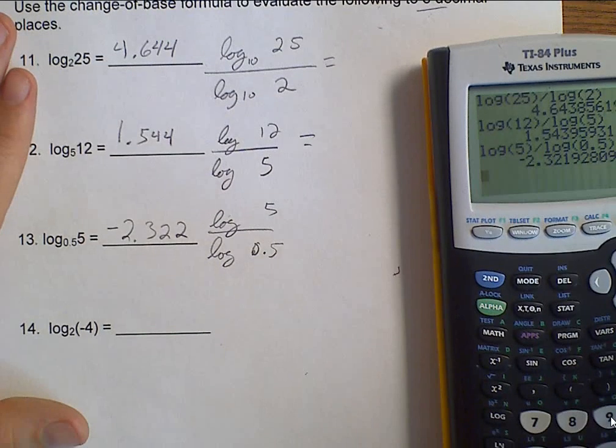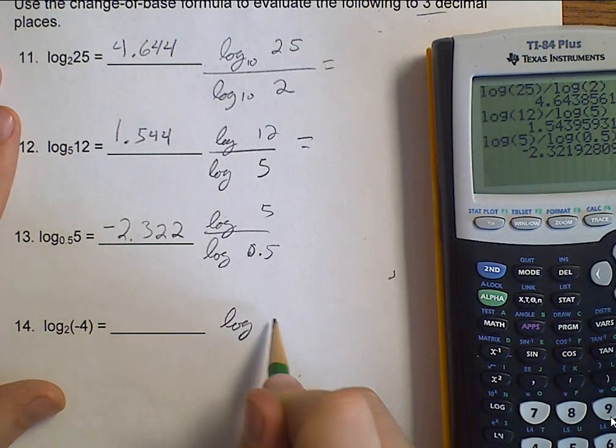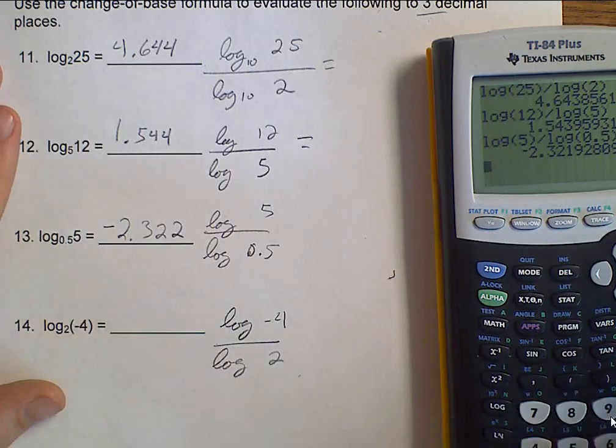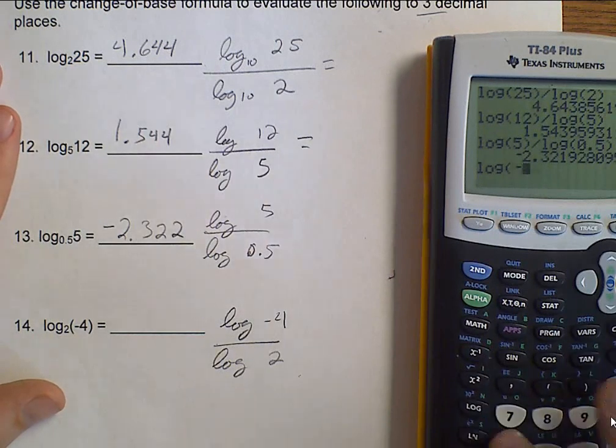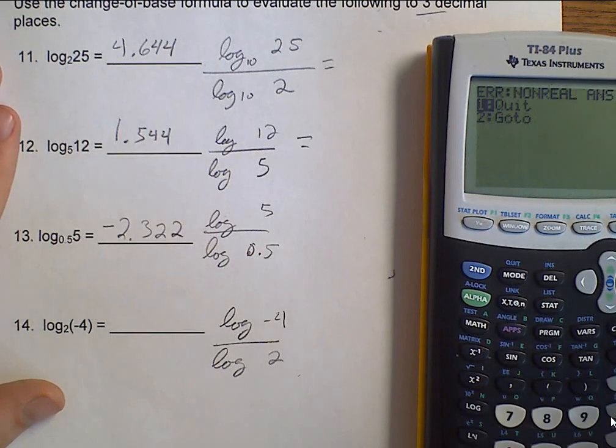And for our last one, we want the log of negative 4 over the log of 2. So log of negative 4 over the log of 2. And here it says non-real answer.